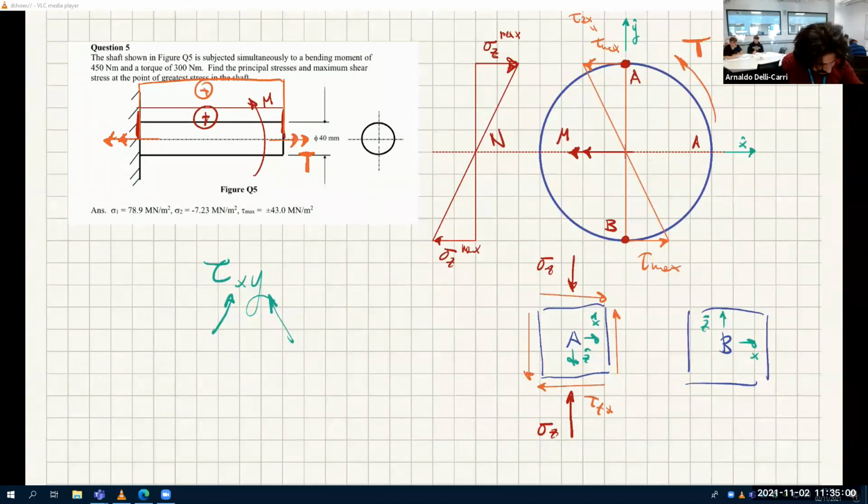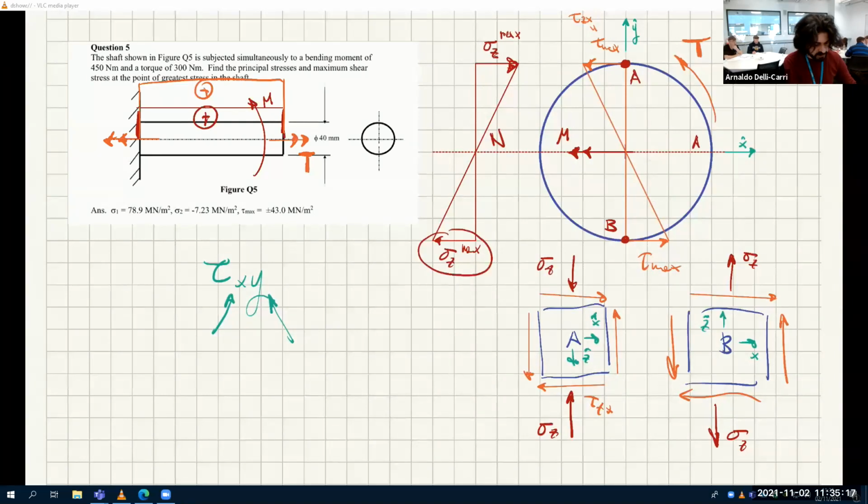And so I have tau zx positive. And then I have sigma x, which is also positive, and sigma z, which is also positive, because this one here is positive at the bottom. So that's how they look on an infinitesimal element.